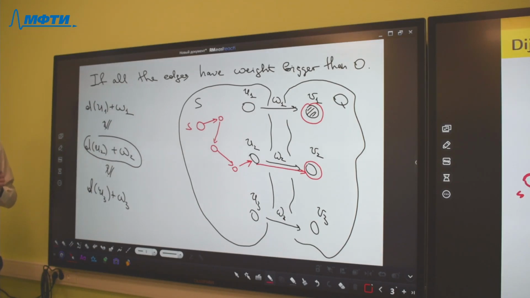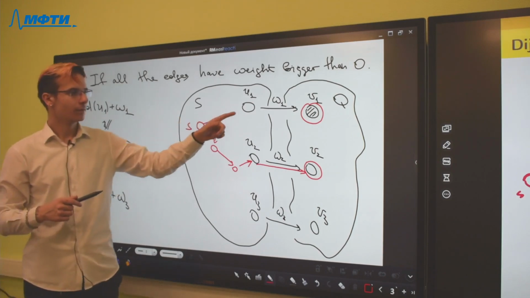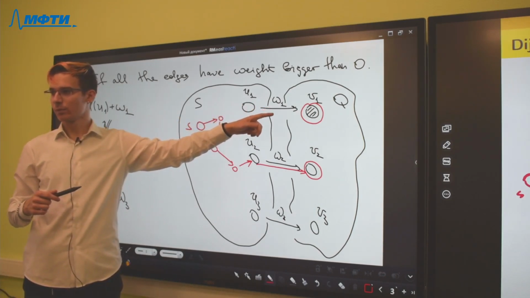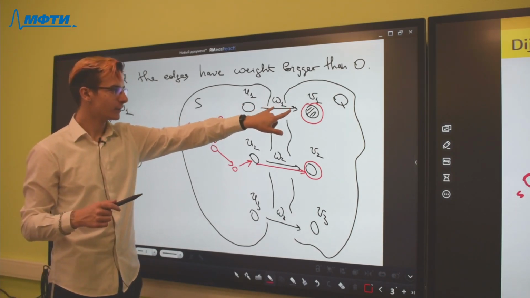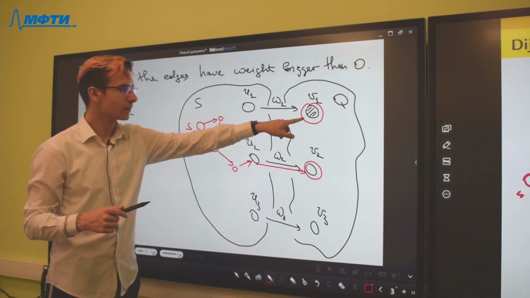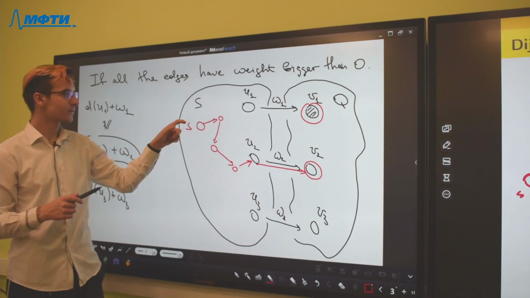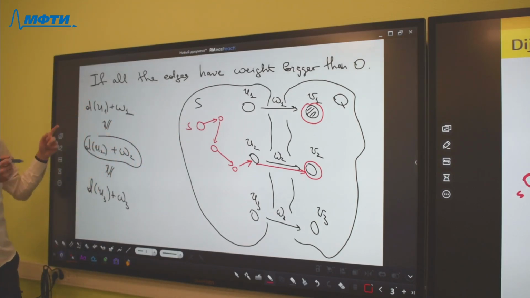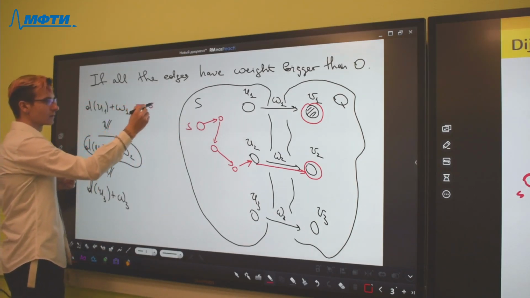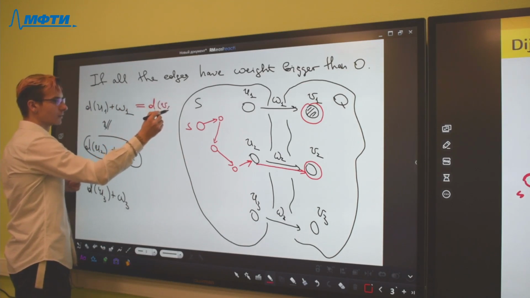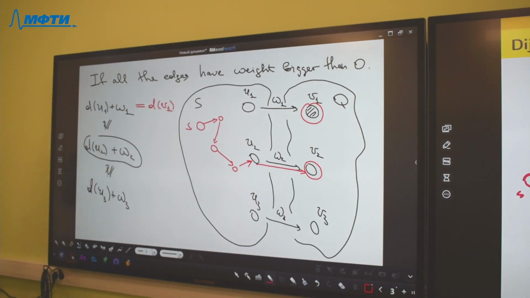And then we say that, okay, we can add vertex V1 and say that the distance between V1 and S is equal to this number. Yeah, we say that it is equal to distance V1.